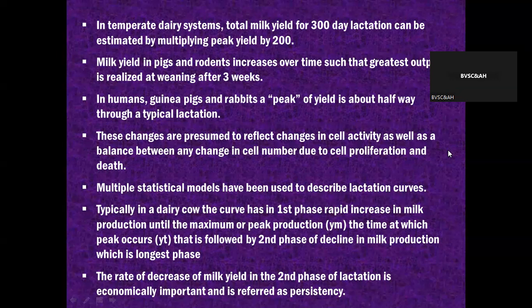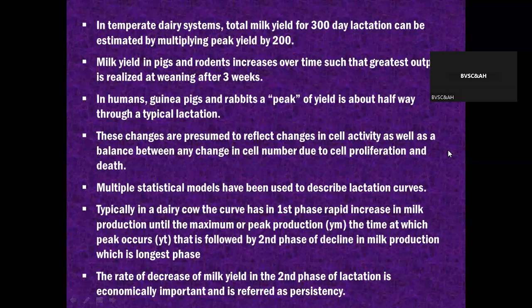Whereas in humans, guinea pigs and rabbits, the peak of the yield is about halfway through a typical lactation cycle. Whereas in case of bovine, we have already discussed that its peak is between 60 days to 100 days. These changes are presumed to reflect change in the cell activity as well as the balance between change in cell number due to cell proliferation and death.